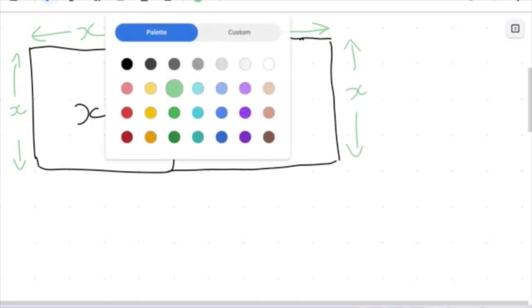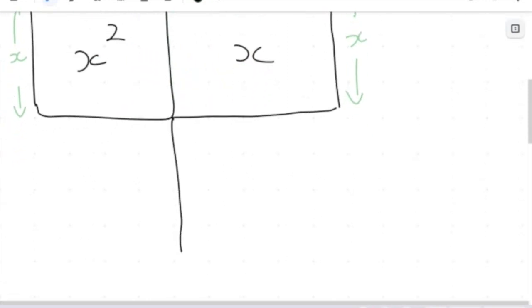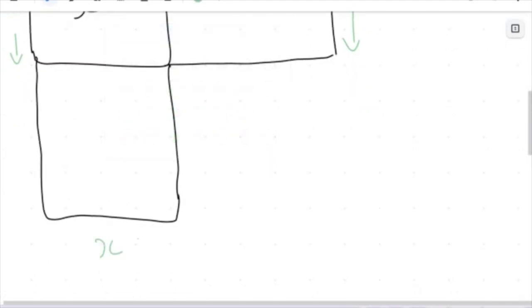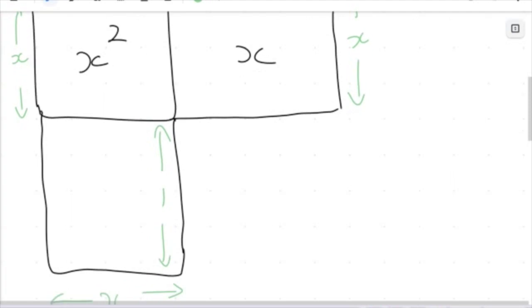And I'm going to have my other one here, and I'm going to rotate it so that x sticks perfectly over here. So I still have my dimension of x here by 1 over here. Okay, that's good.